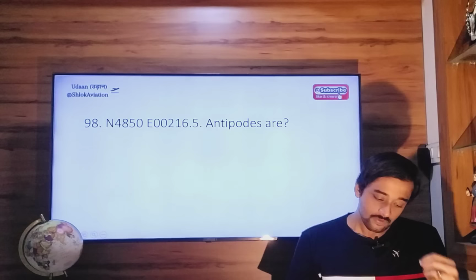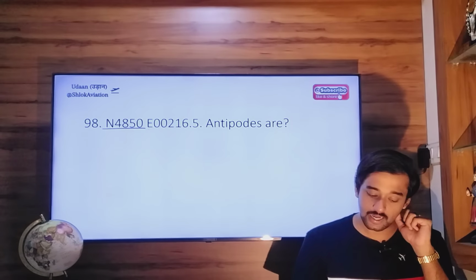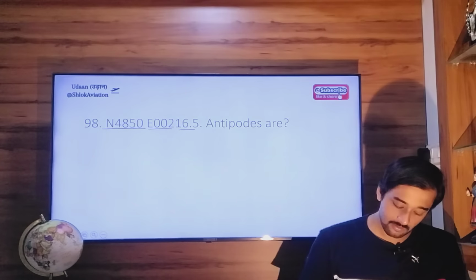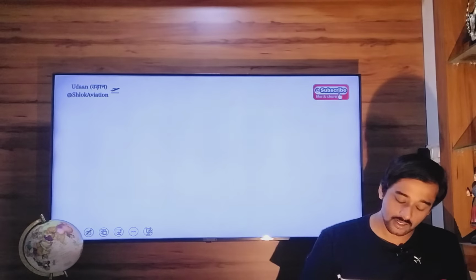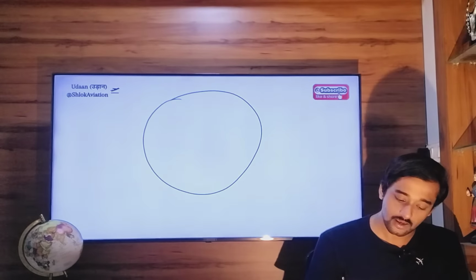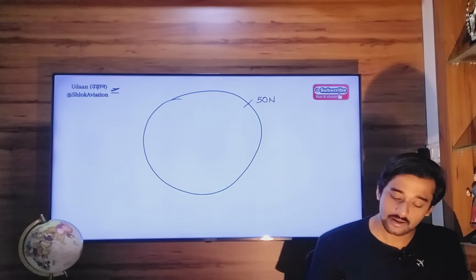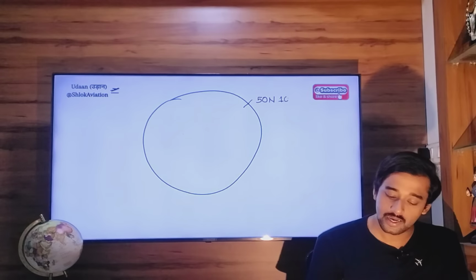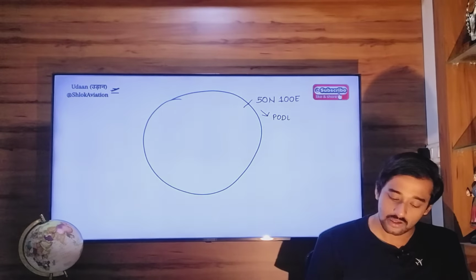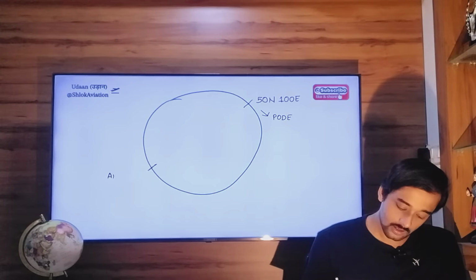Next. North 48° 50 minutes, east 2° 16.5 minutes east. Now antipodes. Now remember, let's say this is your Earth's surface. I take one point here, like for example 50° north and 100° east. This point will be called pole, and the point directly opposite to it will be called antipode.